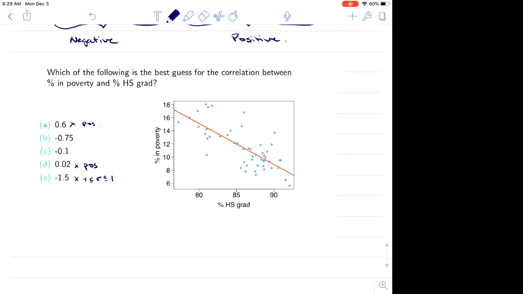That just says R is between -1 and 1. So really our only options are between negative 0.75 and negative 0.1.